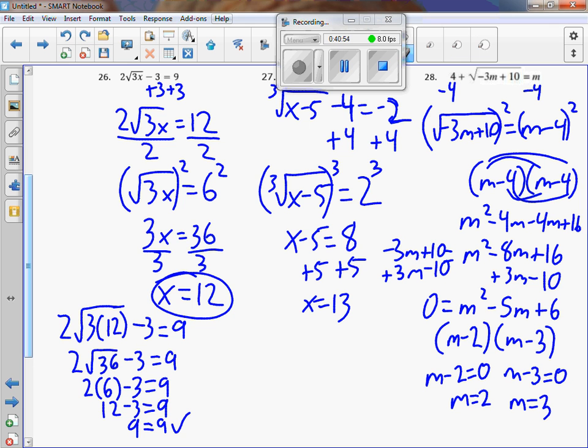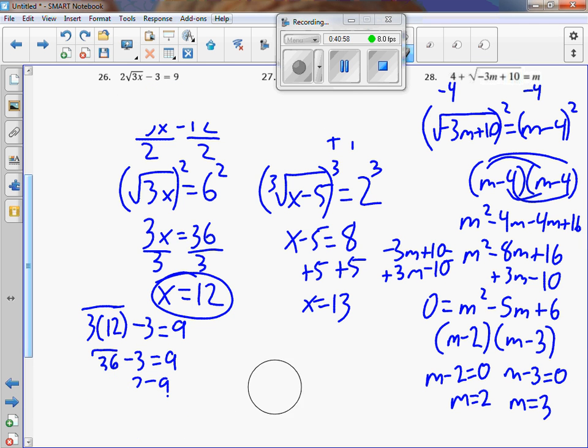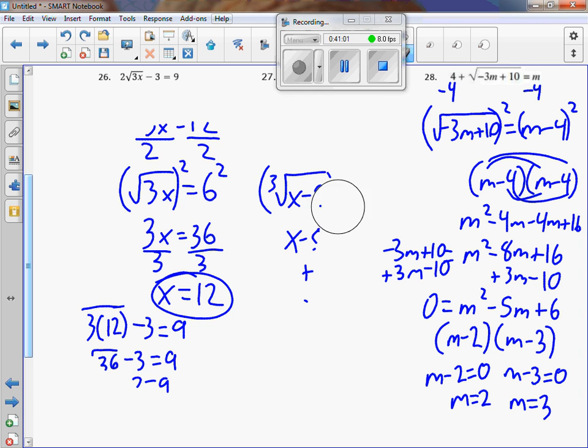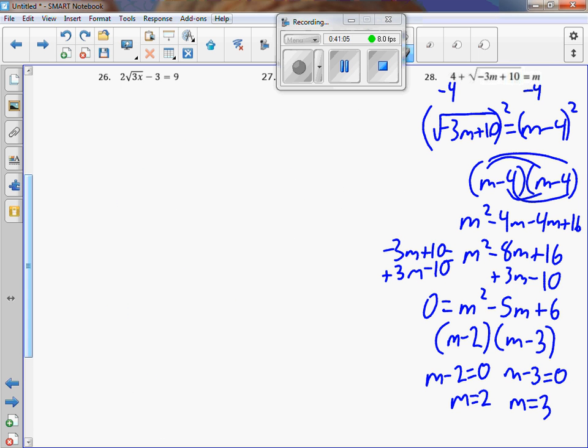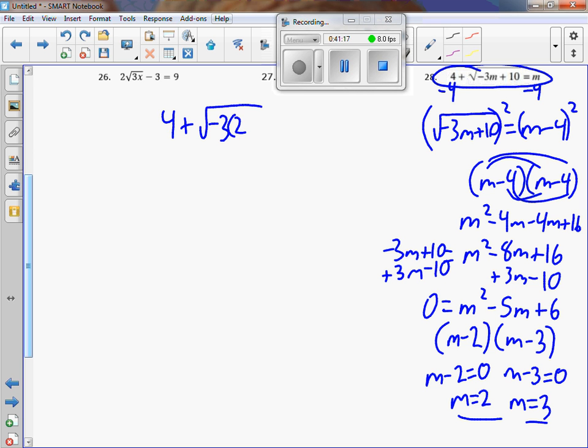Again, we are not done. We have to check this. I'll erase these two problems to give us room to check. So you plug these two into the original equation. So I'll do 4 plus negative 3 times 2 plus 10 equals 2.